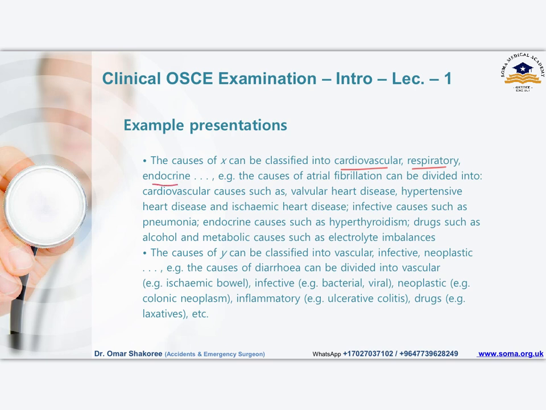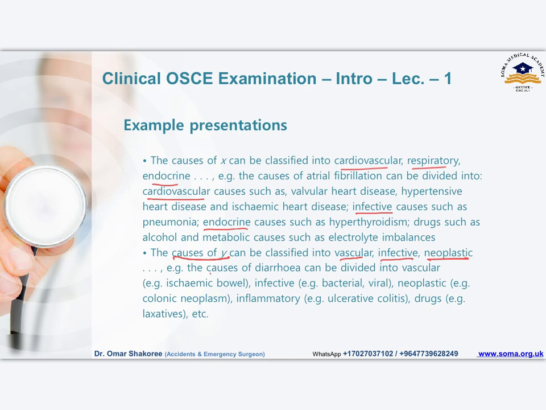For example, the causes of atrial fibrillation can be divided into cardiovascular, such as valvular disease, hypertensive heart disease and ischemic heart disease, infective like pneumonia, and also endocrine causes. The causes of Y can be classified into vascular, infective, and neoplastic.